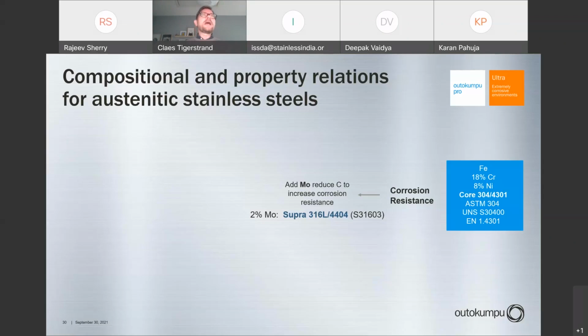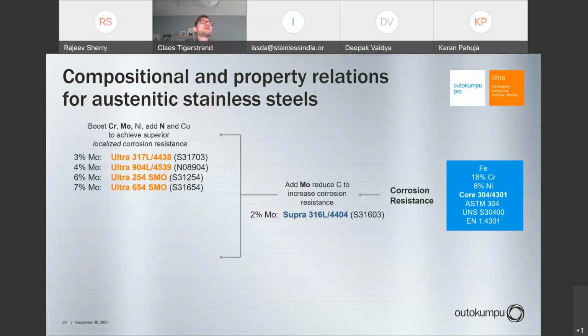Then we come into the Pro family and the more specialized grades, where we start with the Ultra, that is for extremely corrosive environments. And as you remember, if we add molybdenum to a 304 grade, we get the 316, which increases the corrosion resistance. If we continue that way, adding more chromium, but most importantly, more molybdenum, some nickel is needed as well.